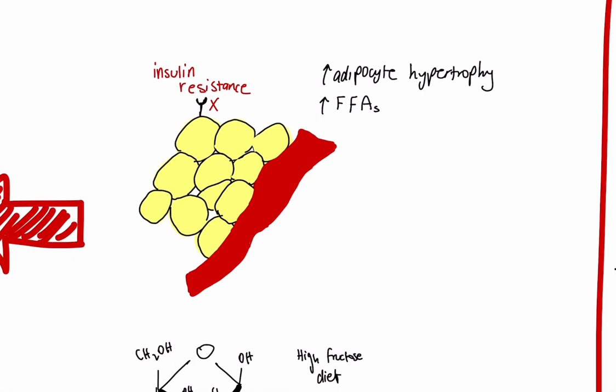And a huge reason why insulin resistance is such an issue is because of insulin's function on adipocytes. Insulin normally drives the production of triglycerides and adipogenesis as a way to store excess glucose and reduce hypoglycemia.